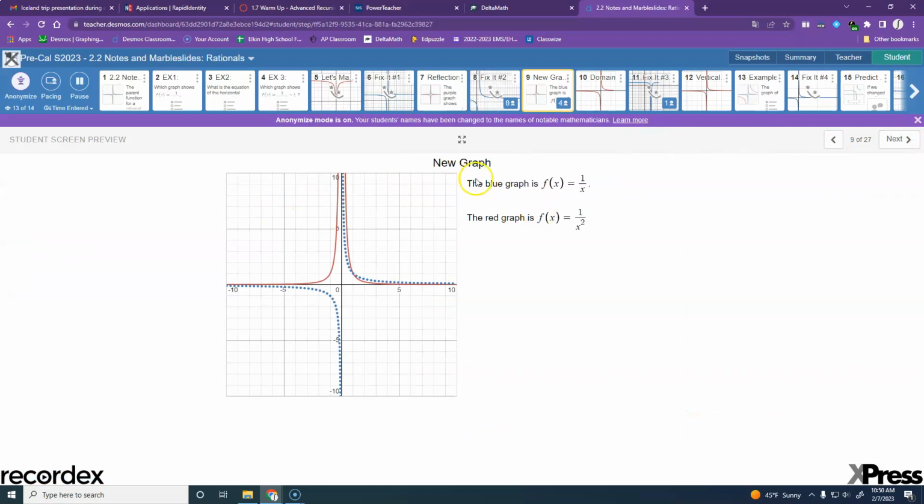Now, something else that we can do to this graph that will make it look a lot different is we can square our x. So this is not a specific transformation that we looked at in particular, right? This does not necessarily do the same thing for every graph. So that's why it was not in that list of things that we looked at yesterday. But for rationals, if I square the x, notice how it makes this red graph a little bit steeper right here.